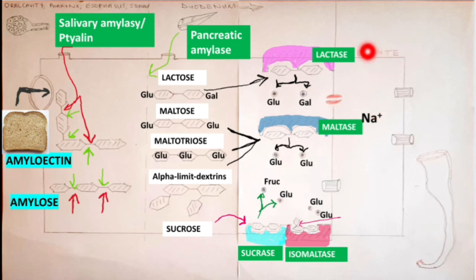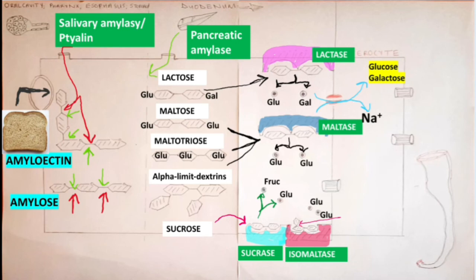The enterocyte is the cell of the small intestine. So how do we take them in? There is a specific channel for glucose and galactose. This one is called the sodium glucose transporter, because it also transports sodium.